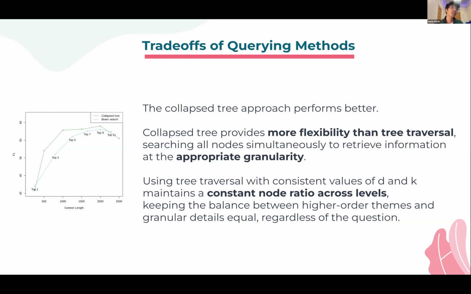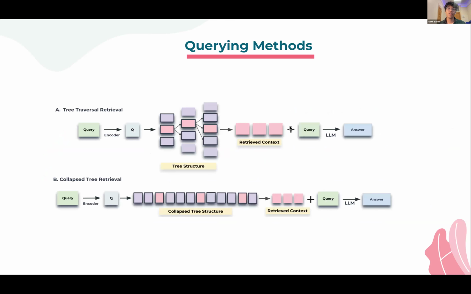But I think the benefit of tree traversal is that if you do know what your questions are going to be ahead of time, or if you know that you're going to be querying just on the leaf, just on a thematic question, or just on a question that is more granular, then you can change your start layer, you can change your beam size, and you can choose the layers that you're going to retrieve from more effectively.